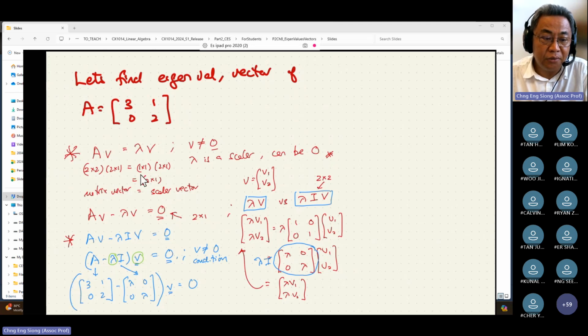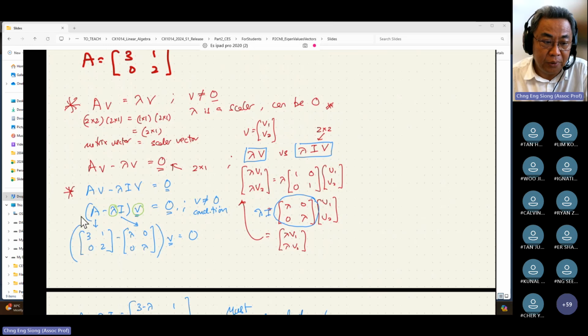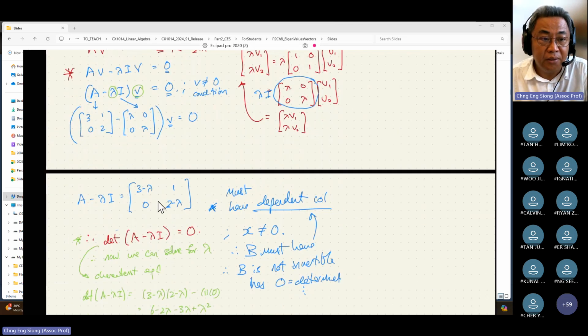To find the eigenvalues, we generate the characteristic equation and find the determinant of A minus lambda I. When you solve for this, if it is R2, you have 2 roots. If it is R3, you have 3 roots. But you could have repeated roots. Later on you'll see something called algebraic multiplicity and geometric multiplicity. The roots will reveal to you the eigenvalues of this matrix A.